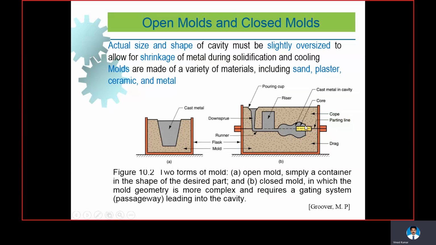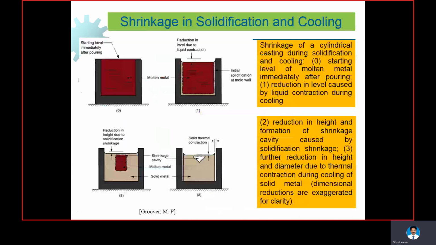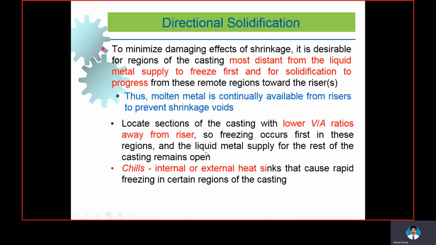So solidification should start from the extreme end and then progress. Cooling and solidification should start from the extreme end and then progress towards the pouring cup or towards the riser. This is a good design in a casting process. This is all about directional solidification.